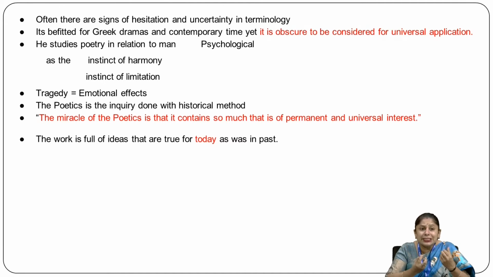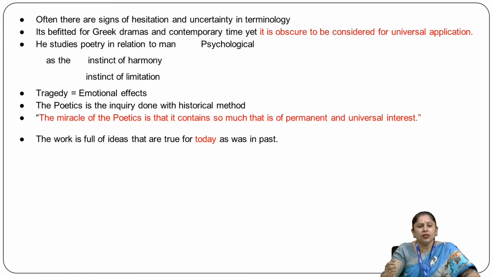These are the two main psychic patterns, or the two main psychological cravings, or psychological activity that the brain was doing, that is the instinct of harmony and instinct of imitation, which is already studied by Aristotle, and with that particular point of view, he had elaborated his Poetics. He studies poetry in relation to man's psychological situation, psychological trauma.